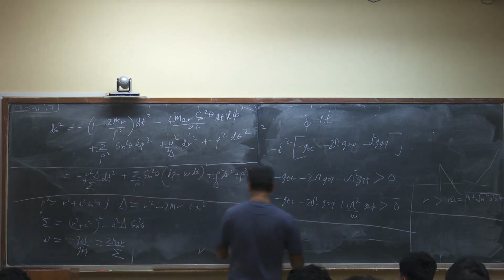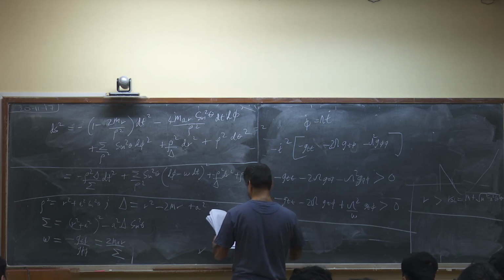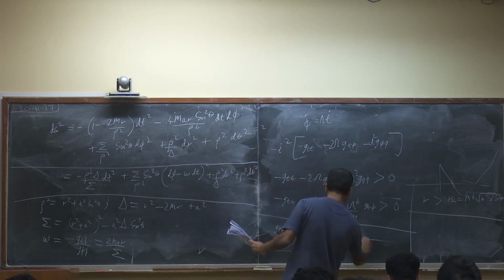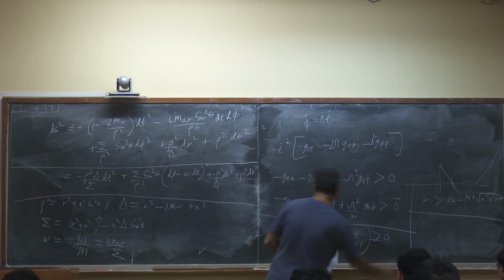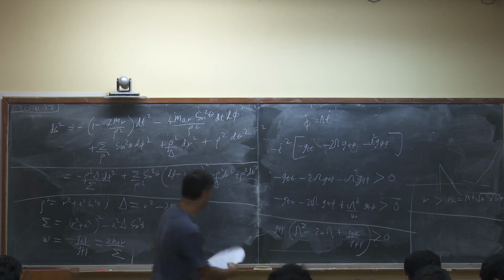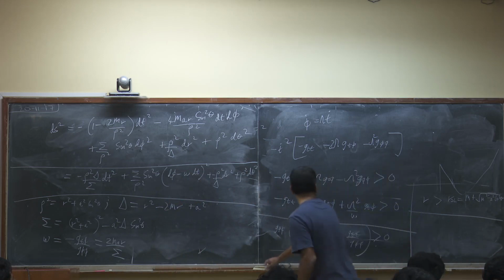They wanted to write g_phi phi into omega squared minus 2 omega plus g_tt by g_phi phi, and this had to be less than 0.